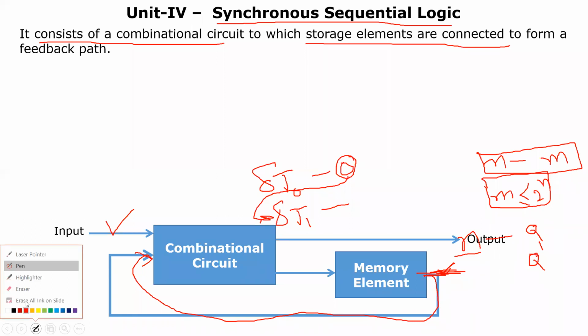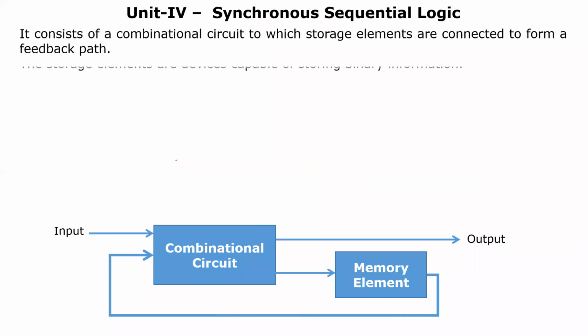So that is why these are called synchronous sequential logics. Then the second point we need to concentrate on is storage. A storage element is always trying to store binary information. How much binary information is it going to store here? Only one bit, a single bit. That is why it is called a flip-flop. Either it is available as 0 or it is available in its complementary form. Flipping, flopping.